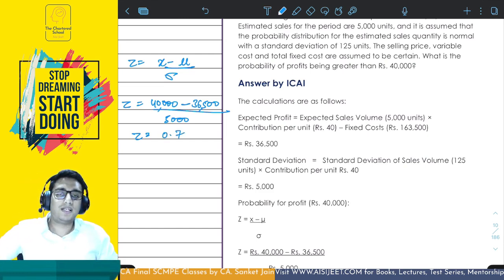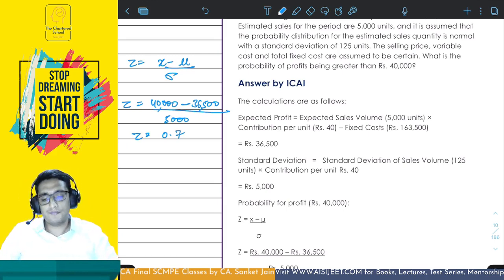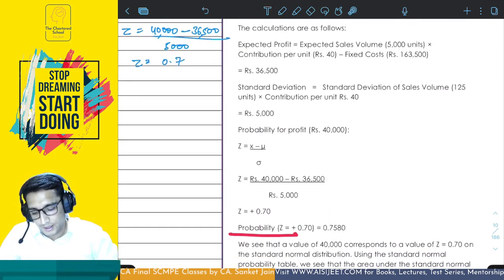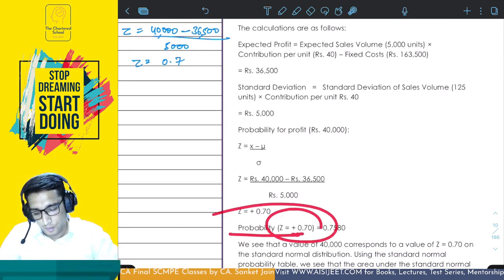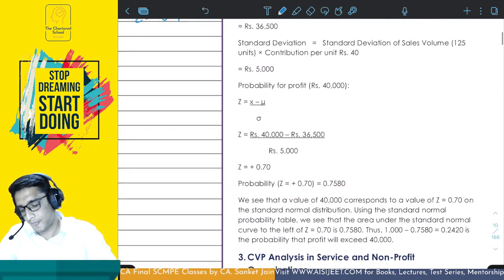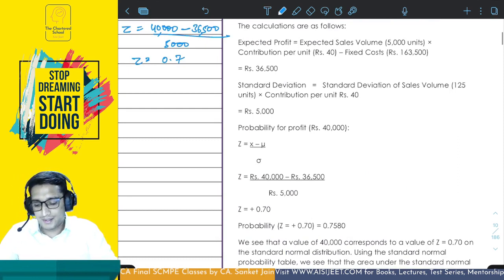Now you will open the Z table, look for 0.7, find out the probability, whatever the number comes, the final answer is going to be 1 minus that. So let's say at Z equals 0.70, the number that you can get from the Z table is 0.7580.